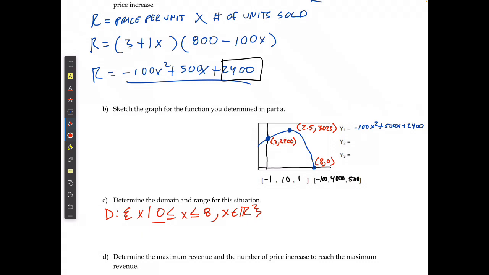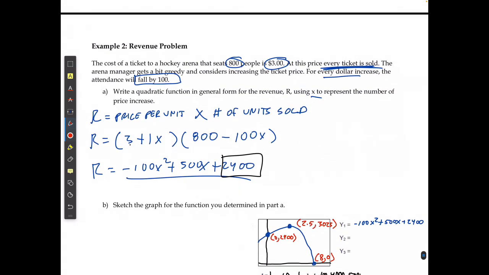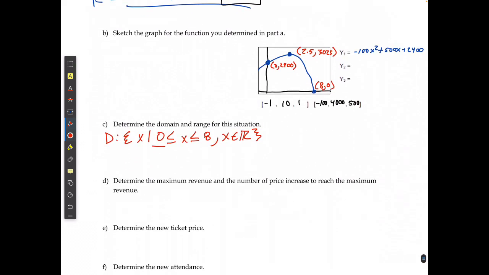Because I'm already selling all 800 tickets. If I went -1 or reduced the cost down to $2, theoretically my sales would go up by 100 and go up to 900, but I'm already selling every ticket in this arena, so we know we can't sell more than 800, which means that I can't reduce x or do a price decrease in order to make that happen.